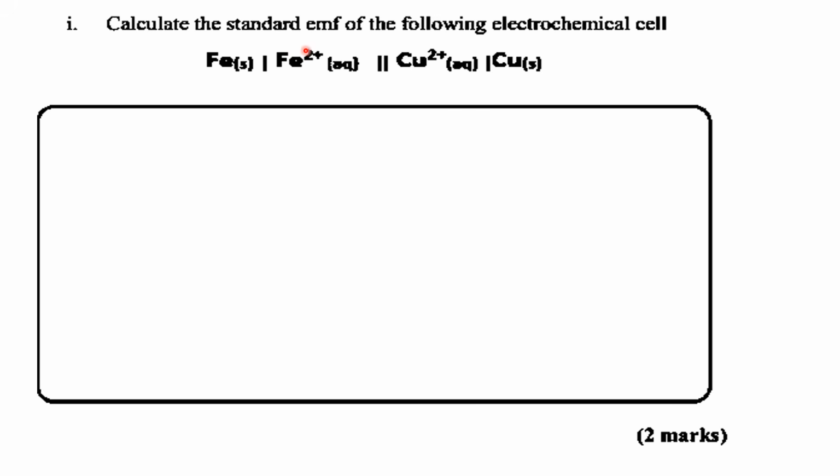Iron is being oxidized, iron metal oxidized to iron ions. This must be at the anode of the cell. And on the other side, copper ions are being reduced to copper metal. This must be happening at the cathode.